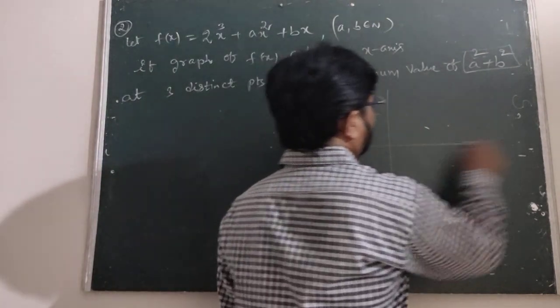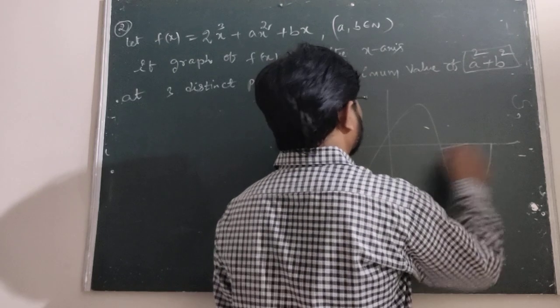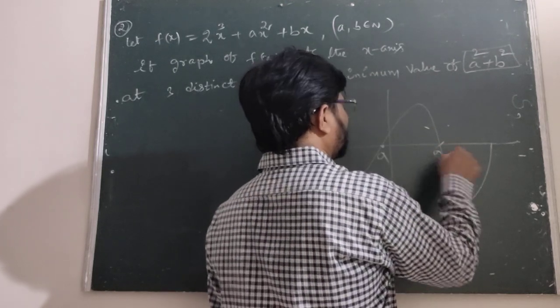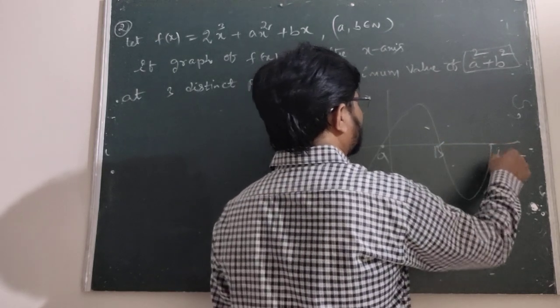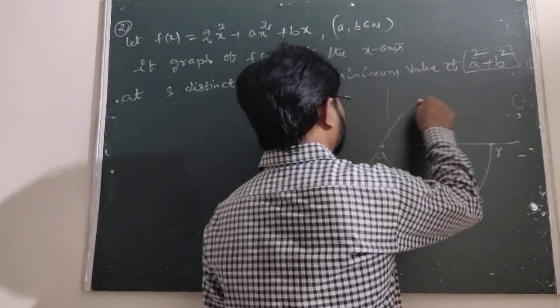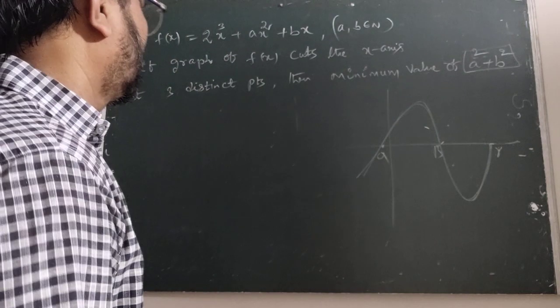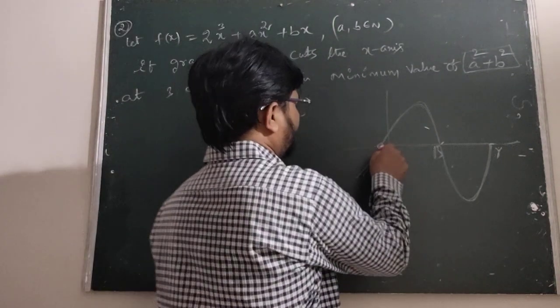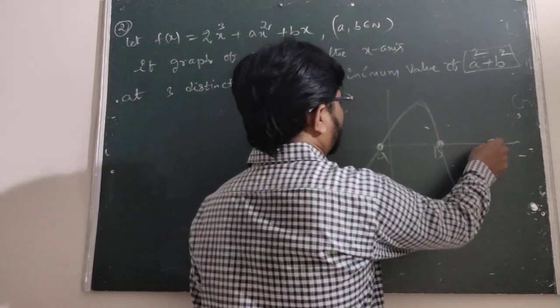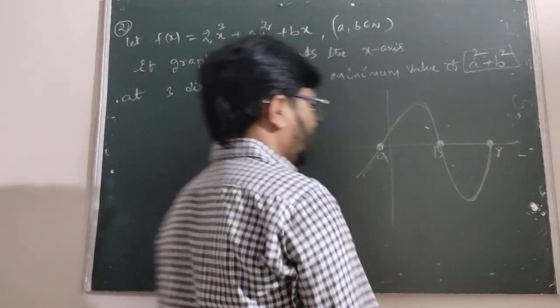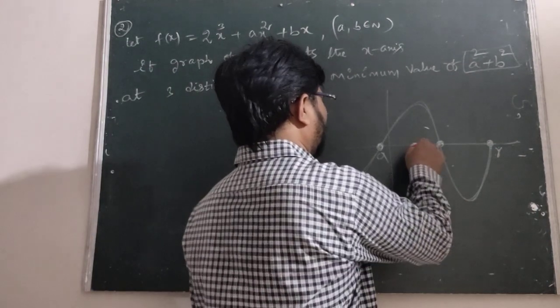Everyone should observe here. This is alpha, this is beta, and this is gamma. This is our first observation. So the graph of the cubic equation cuts the x-axis in three distinct points. Very nice. Undoubtedly, this is x1.